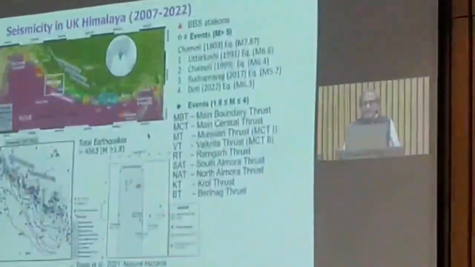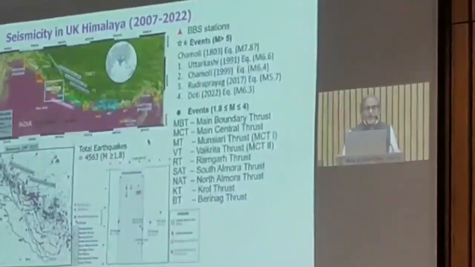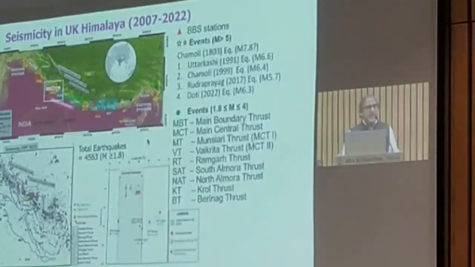In this region, there was the 1999 Chamoli earthquake, but we haven't seen any major earthquake in these regions. But if we look at the study by the Wadia Institute of Himalayan Geology from 2007 to 2022 in the Kumaon Garhwal Himalayan region, 4,563 earthquakes with magnitude more than 1.5 have taken place.